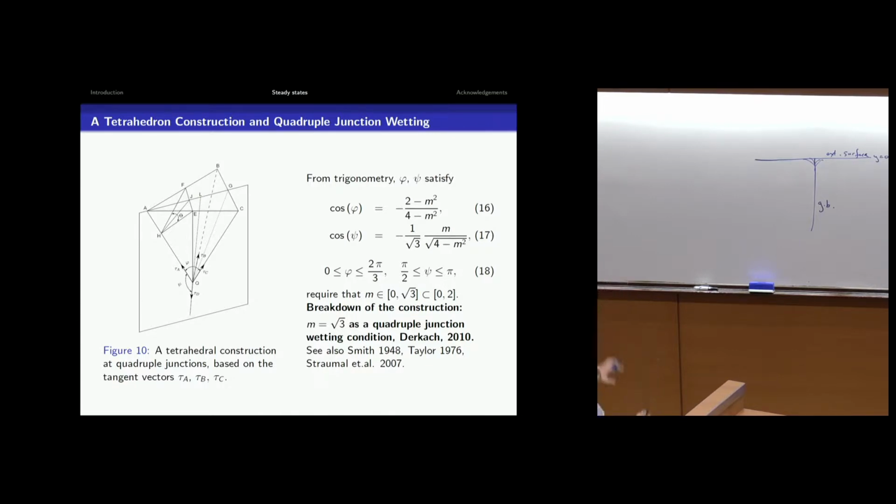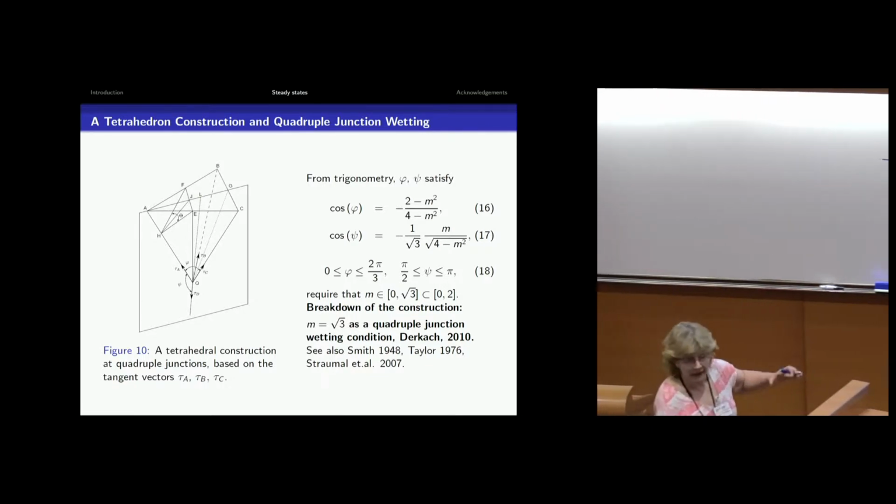One can see what the angles have to be and how they have to match together. Rather naive, you can also do this in fancier contexts. And then you get that there really is this condition to have a quadruple junction. Then you really have to have that m goes between 0 and the square root of 3. It can't get up to 2 at all.